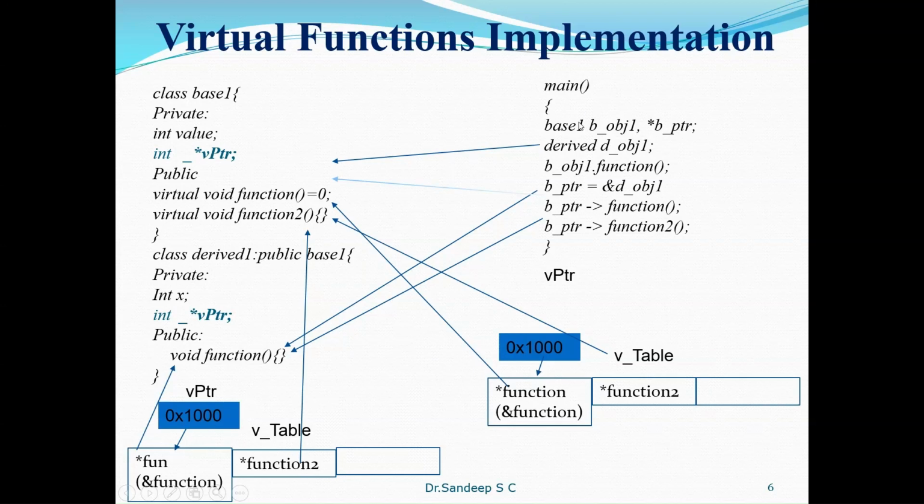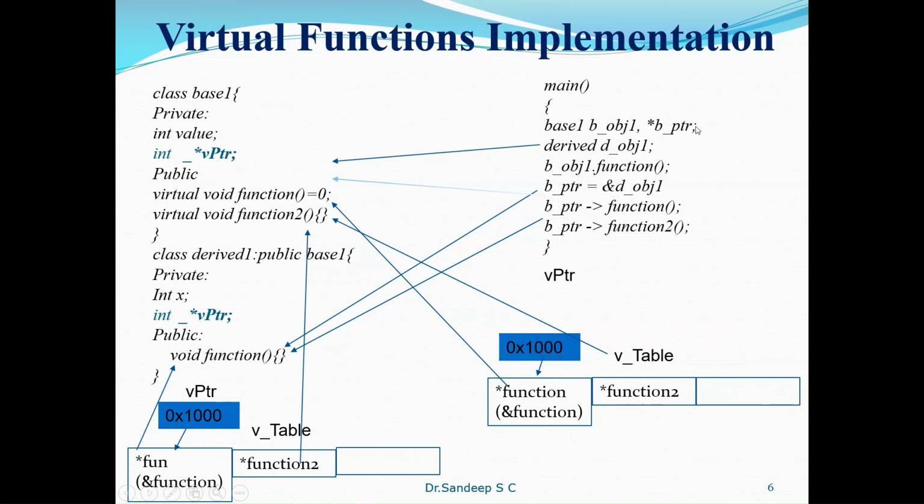Then when we go to the main function, here you can see one base object and one base pointer are created. And we are also creating one derived object. So if we call a function using a base class object, then no issues. Whatever function we have, that function will be called because there is no ambiguity here.